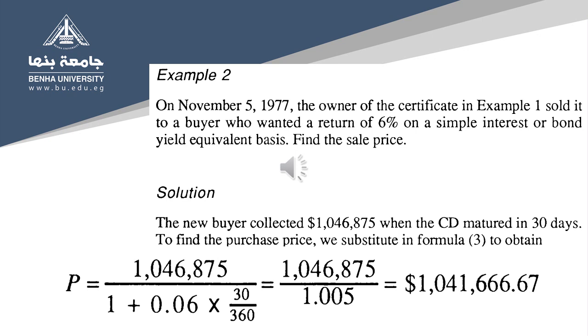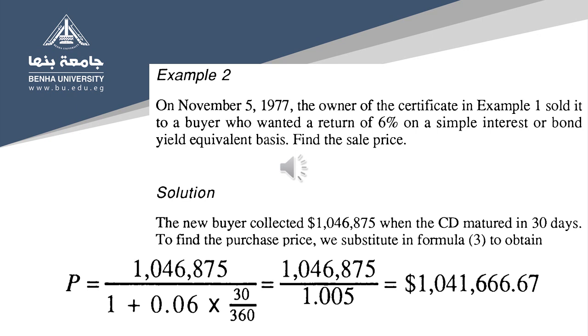In the previous example, example number 1, we calculated S, the amount, the total amount in the future. But now we want to calculate the present value, B. We can calculate B by 2 equations.